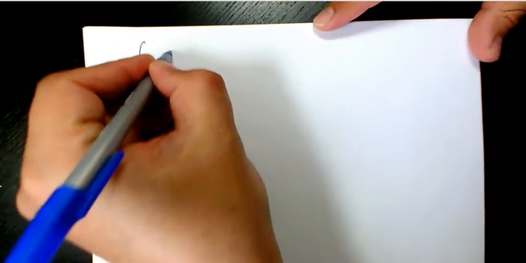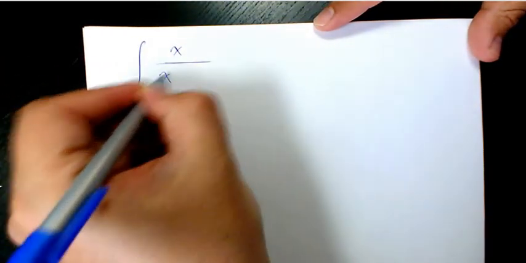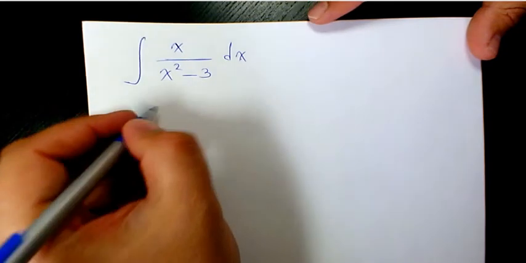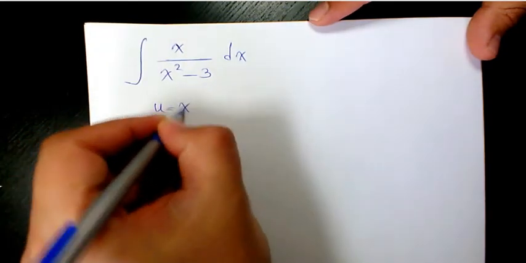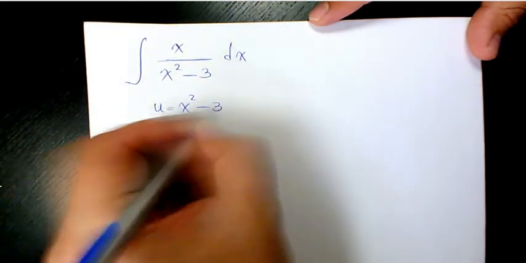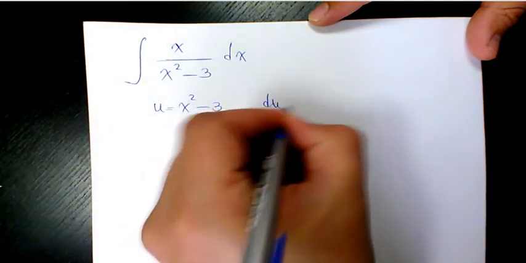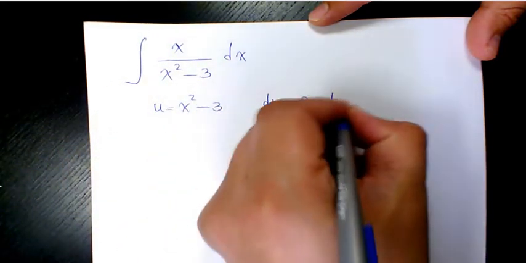Next example is x over x squared minus 3 dx. So this is a simple question. Again, integration by substitution. Consider u as x squared minus 3. So du is going to be 2x dx.